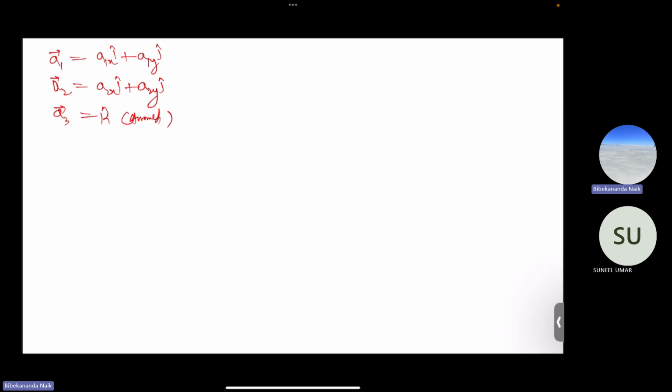Then, according to the expression, a1 star will be 2 pi a2 vector cross a3 vector divided by a1 vector dot a2 vector cross a3 vector. Is it not?